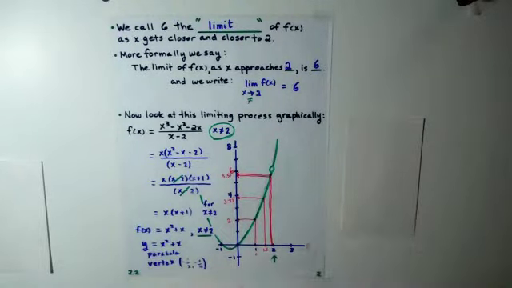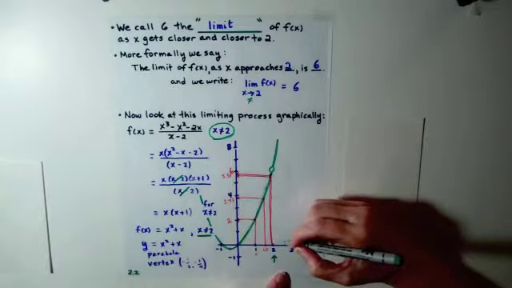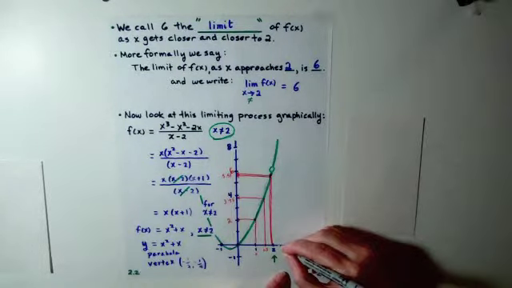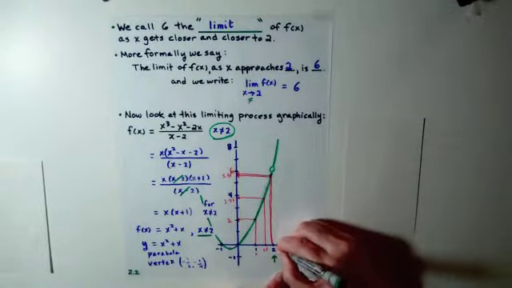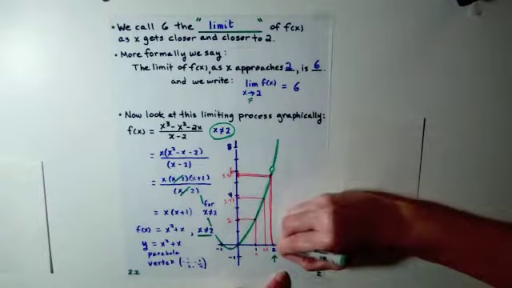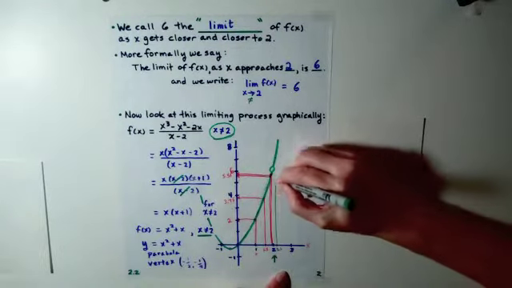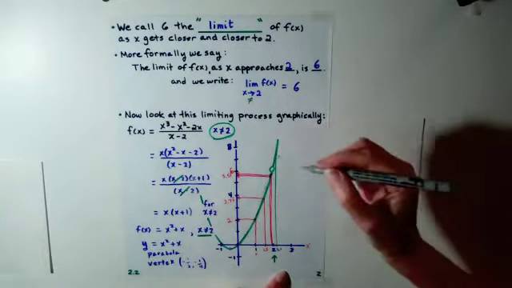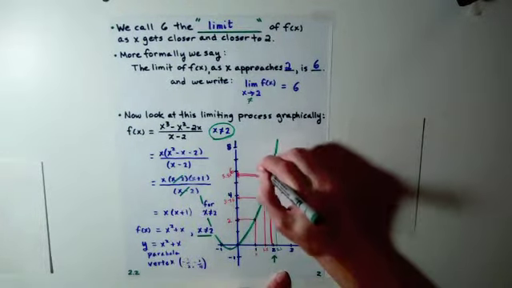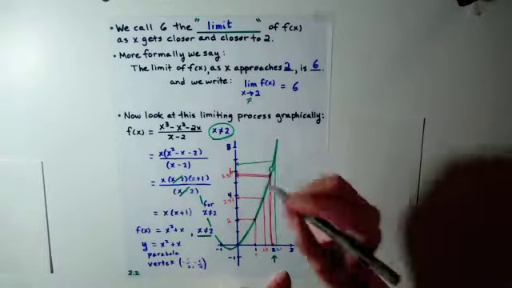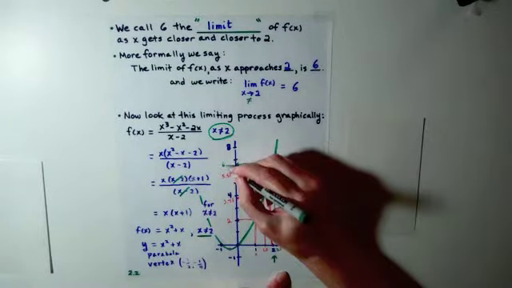We can do the same thing for values that are a little bit larger than 2. So we could plug in something like 2.1. That might be right here on the x-axis. I go up to the graph, over to the y-axis, and I get an output value of 6.51.